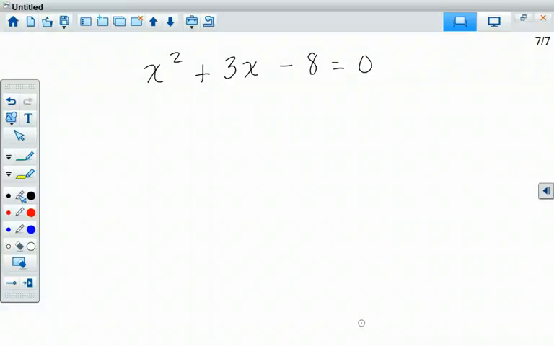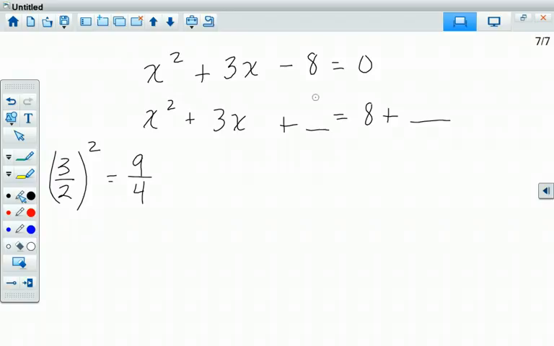All right? So, x squared plus 3x plus blank is equal to 8 plus blank. 3 halves, 3 divided by 2 squared is equal to 9 fourths.